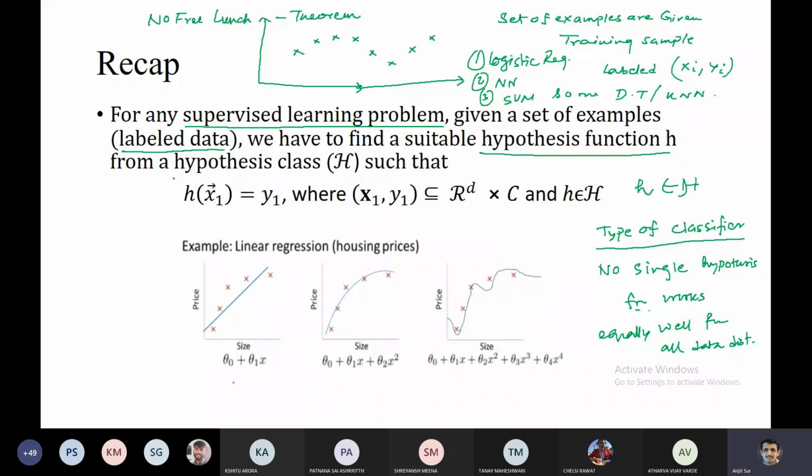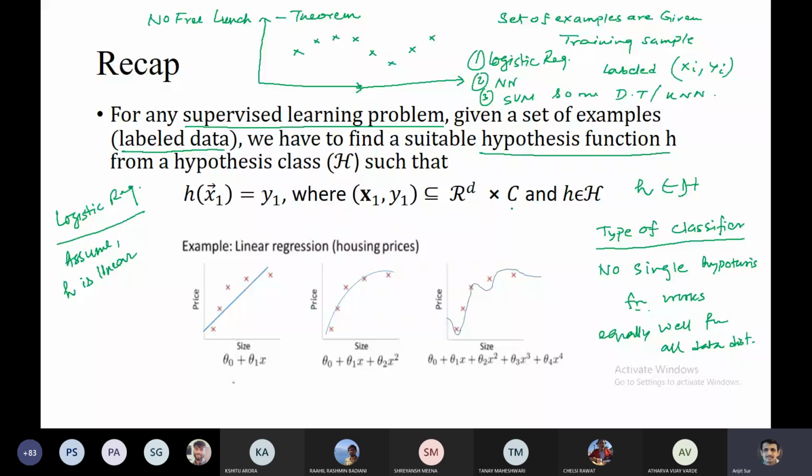Let's say we choose a logistic regression. But we can again assume that our hypothesis function H is linear. Okay, so this is another assumption we can make. But the thing is that it does not end here.